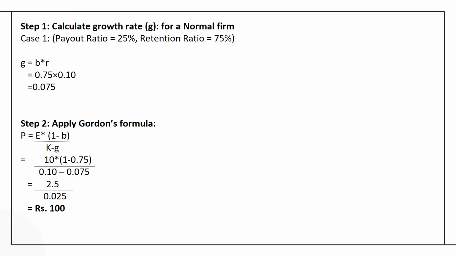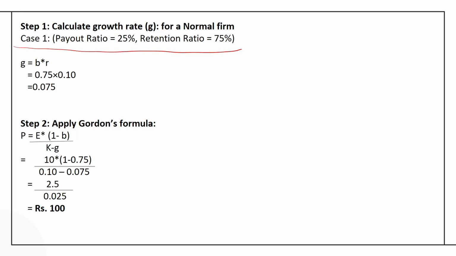Now, the same exercise that we have done while discussing Walter's relevancy theory of dividend, it is time to look at the value of the firm for a normal firm, which is having a rate of return equal to the cost of capital. The process starts with case 1, where the payout ratio is only 25%, whereas the company retains 75%.